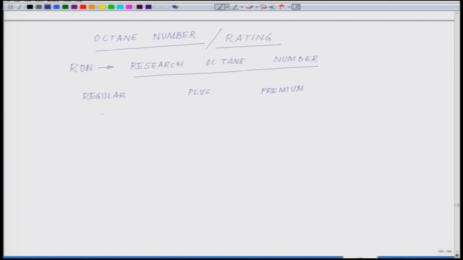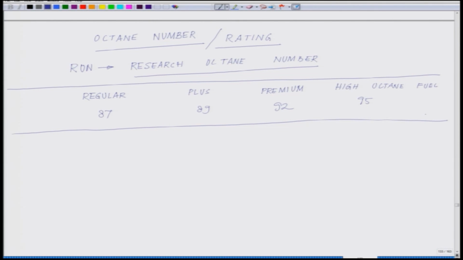It will be written like, regular one will have 87, plus will have 89. The numbers could vary, 92, and then you will get something like high octane fuel. If you have traveled outside the country, this is very common. Here also you will see in several gas stations, you will have this kind of thing mentioned.